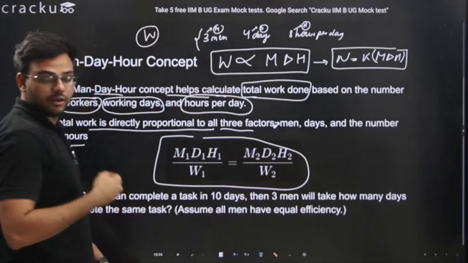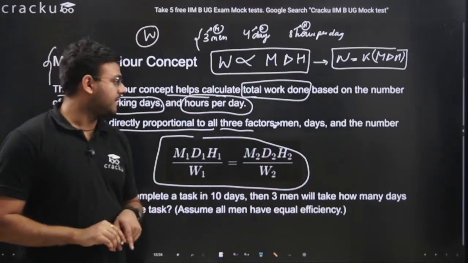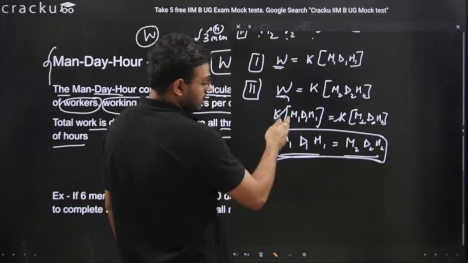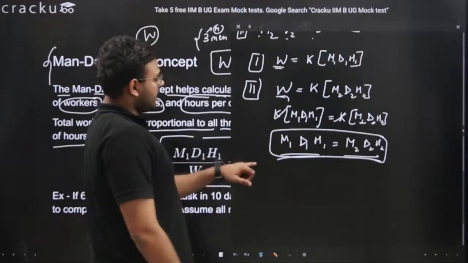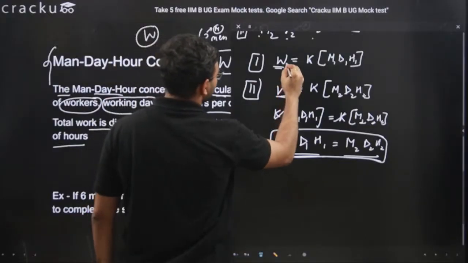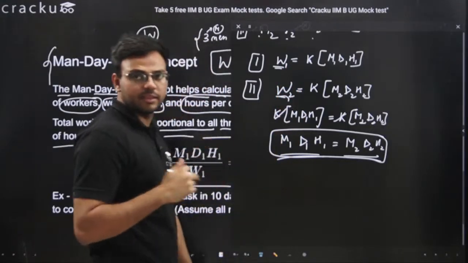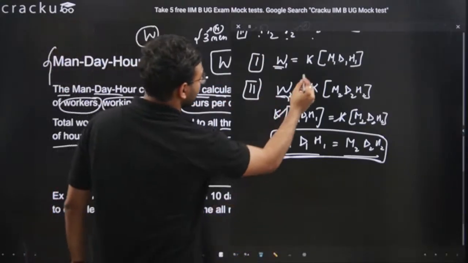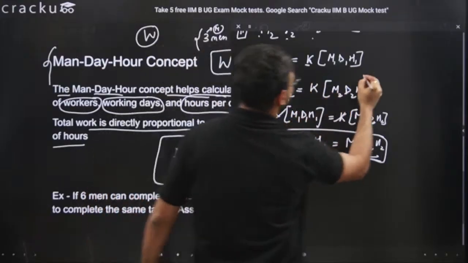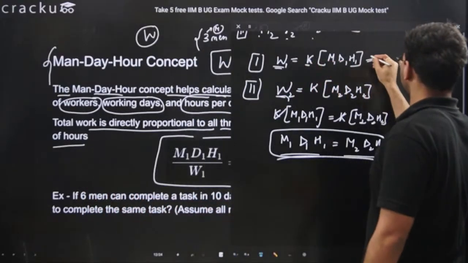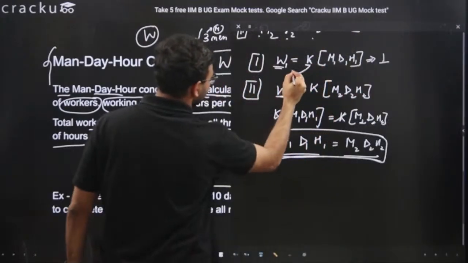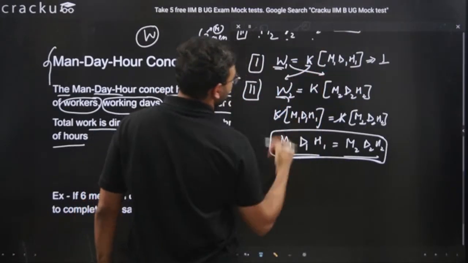Now, if they're doing different work, when they're doing the same work you can directly compare. Let's say in this case they were doing different work, W1 and W2. Now you can write 1 upon K. You can take this K this side and bring this W1 down.